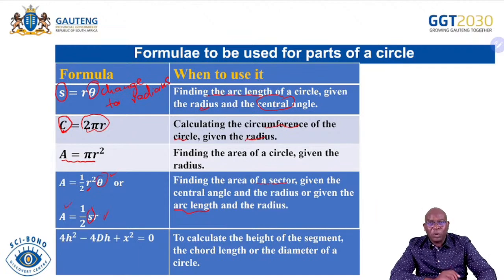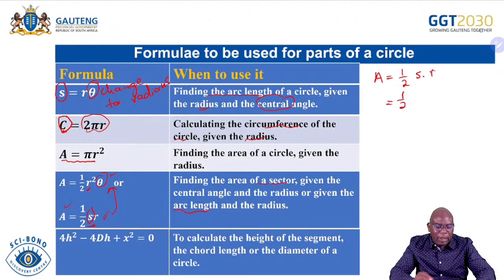And I've got a nice question on this. Okay, so you realize that formula, from this formula here to that formula, how can I go to that formula? This is not for exam, but just to show you how we get to that formula. If I've got A equals half S multiplied by R, I know that my S from this formula is R multiplied by theta.